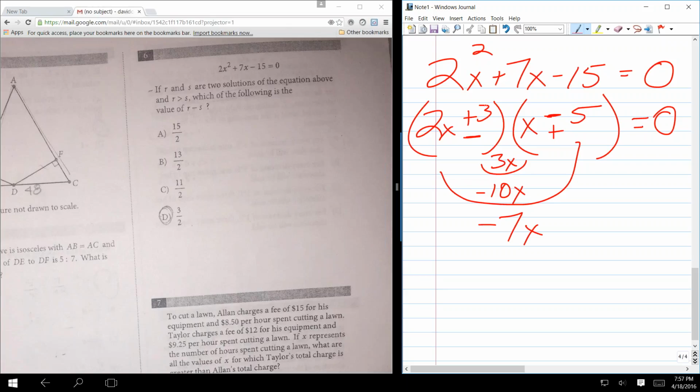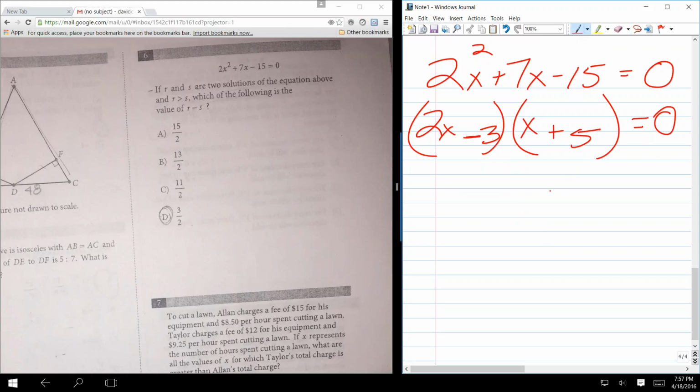That means that if I move the 3 down to the negative sign and the 5 down to the positive sign, that's going to work. Notice now I have negative 3x, positive 10x. Add those together, you get positive 7x. That's the correct sign. So we factored it correctly.